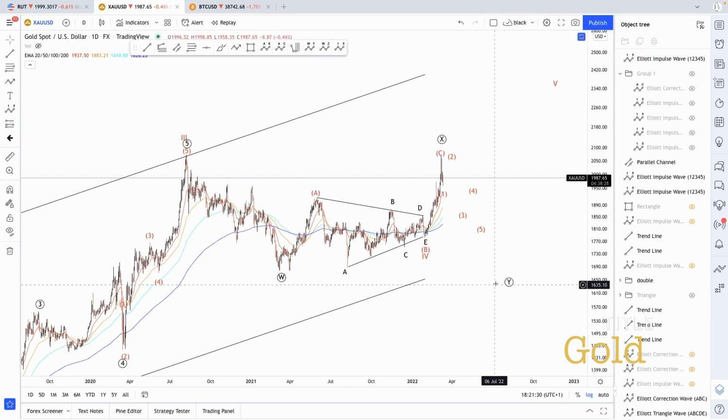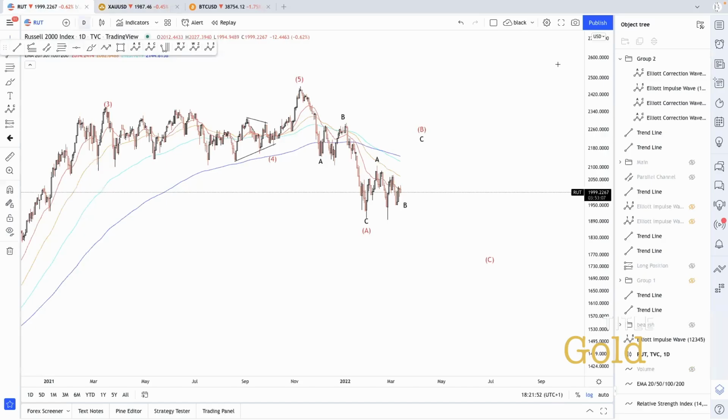And at that point, gold will actually move higher and the stock market, so risk on assets, will go much, much lower. So that's basically what I see.